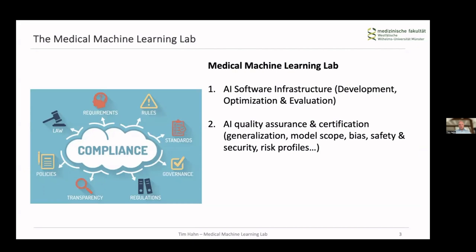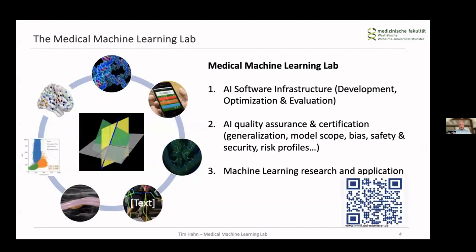What's their bias? What's safety and security, which is a large concern these days that everybody is throwing things into ChatGPT. And also we look extensively into risk profiles, meaning if we want to use this in the clinic, we need to make sure that we understand exactly where these models are not perfect.